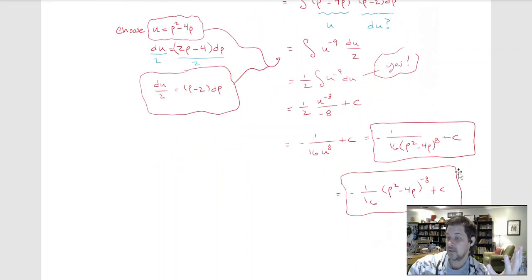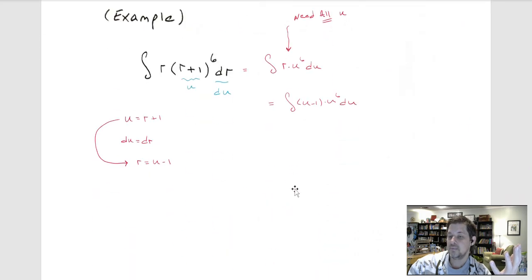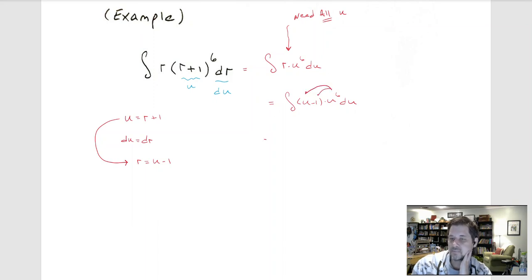That's the kind of thing we wanted. This still seems a little too complicated, but here's what we could do. We could use some of our other rules for this sort of thing. If I multiply all this together, if I distribute this u to the 6th power, then I'll get u to the 7th power, and here I'll get u to the 6th power, and du.